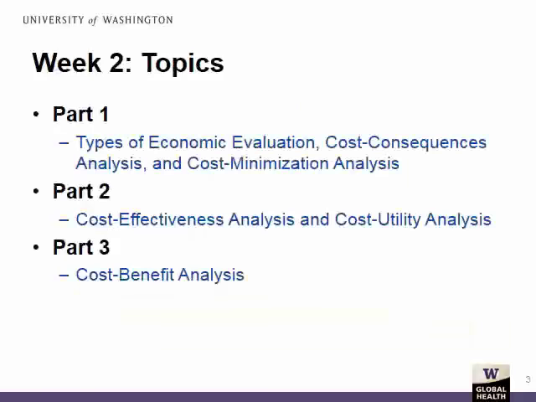Week 2 is divided into 3 parts. In the first part, we'll introduce the different kinds of economic evaluation and speak in detail about cost consequences analysis and cost minimization analysis. We'll then shift in a second part to cost effectiveness and cost utility analysis, and we'll finish the week by discussing the method of cost benefit analysis.